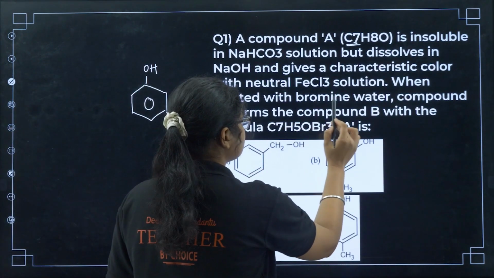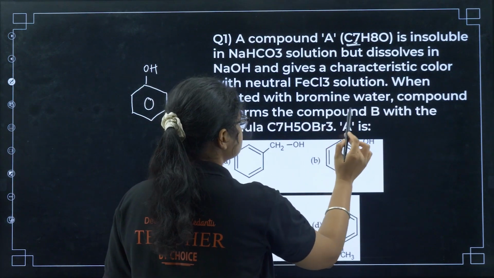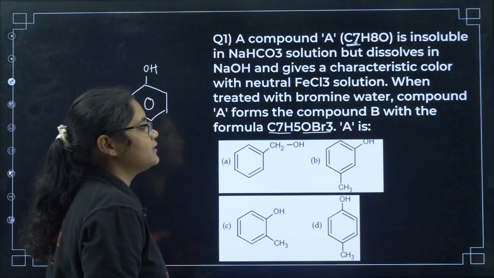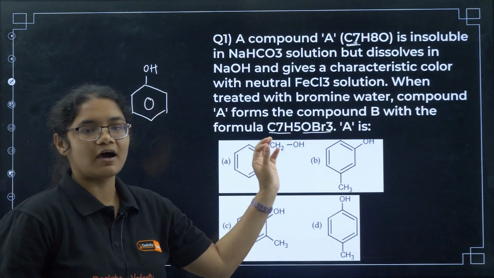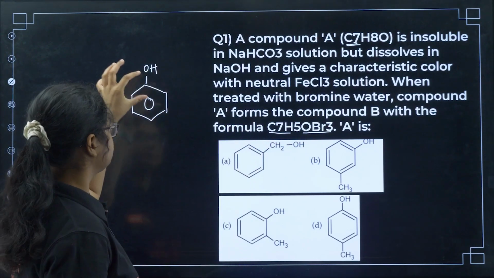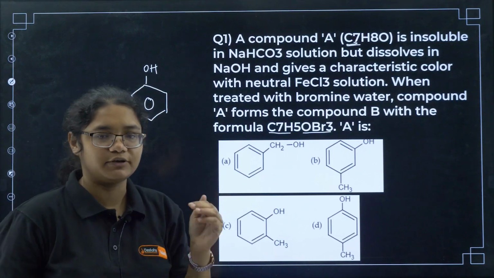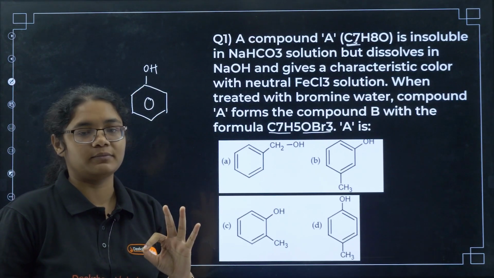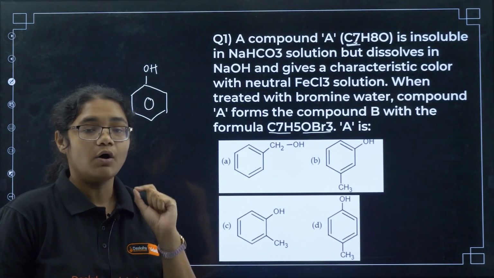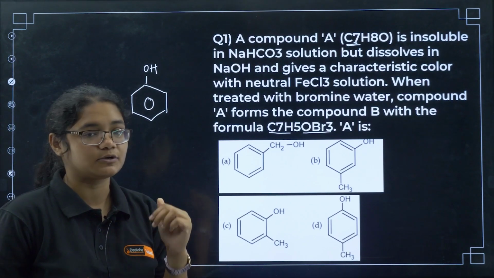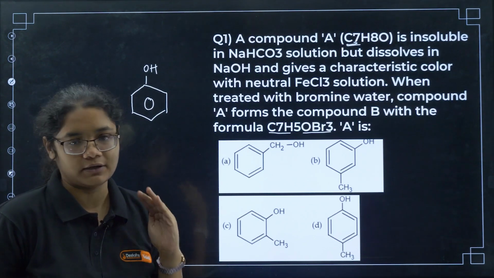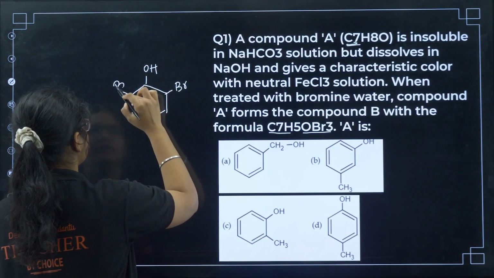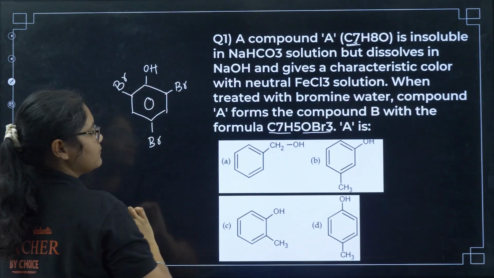Now when treated with bromine water, compound A forms compound B with the formula C7H5OBr3. So that means three bromines are substituted in this phenol ring, right? And if bromination takes place and there are three bromines attached, then that must be at the ortho and para positions, because OH is an ortho-para directing group. So we can have bromine here, here, and here.